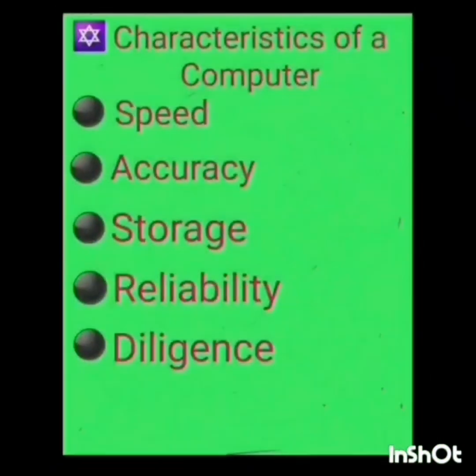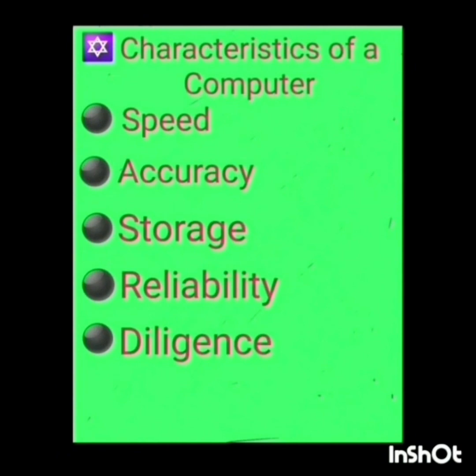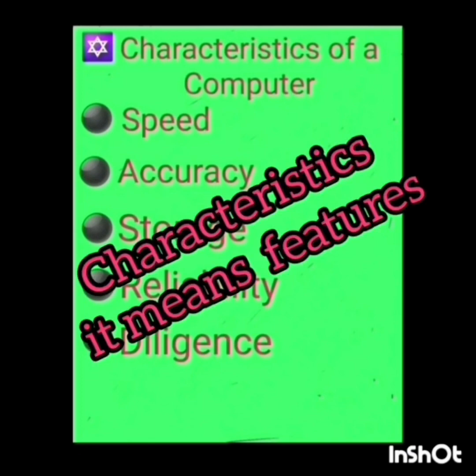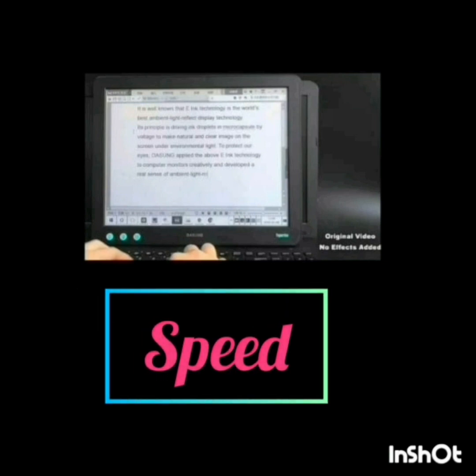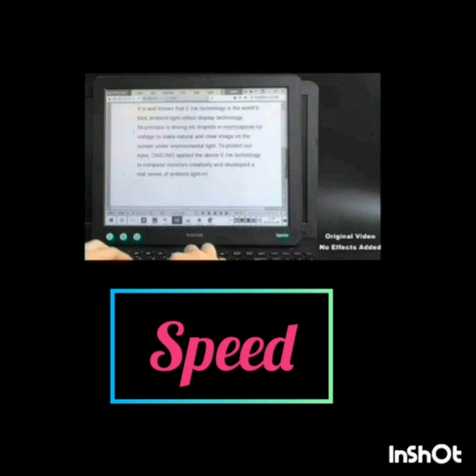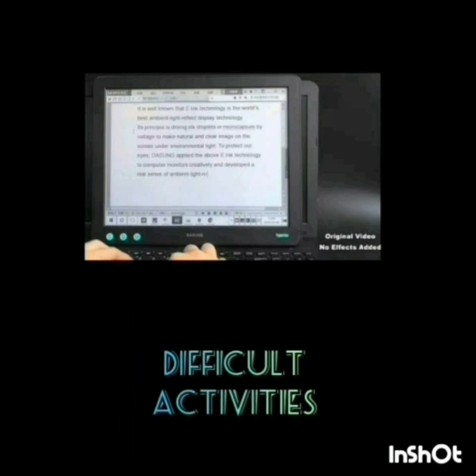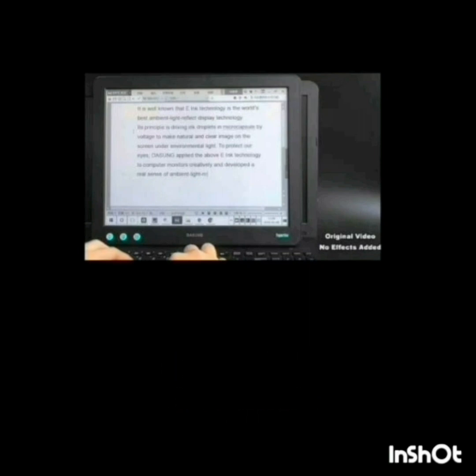Now students, see here the characteristics of a computer. First is speed, accuracy, storage, reliability and diligence. Speed: a computer has the ability to perform complex, it means difficult, activities like processing data and calculating large numbers quickly.